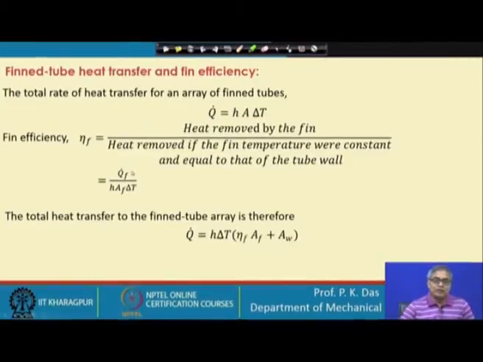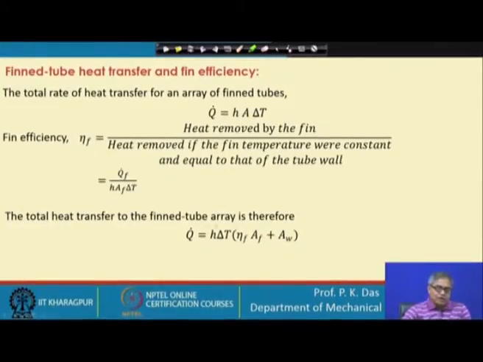This also we have to calculate if we have to calculate the heat transfer, because the area that we will get is not participating in heat transfer with equal effectiveness. So, we have to have the idea of fin efficiency.